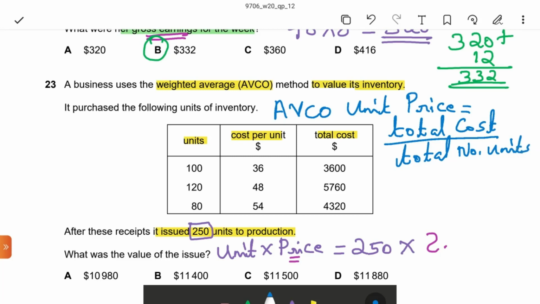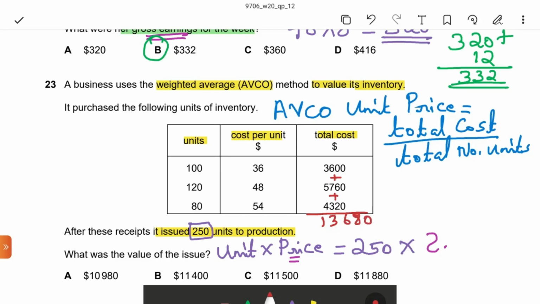Here, what is the total cost and total number of units? Total cost is given: 3,600 plus 5,760 plus 4,320. The total is 13,680.